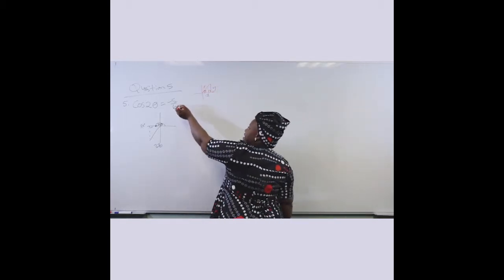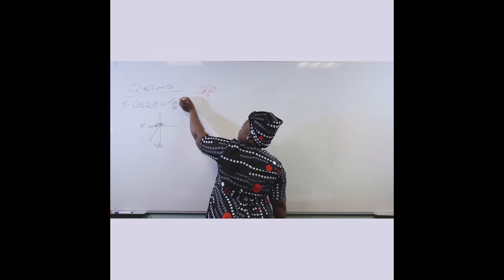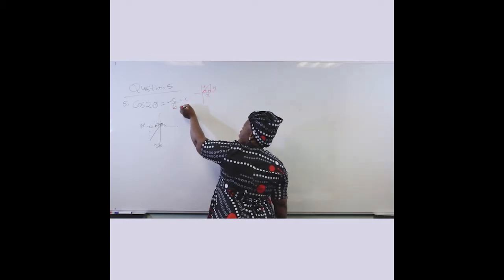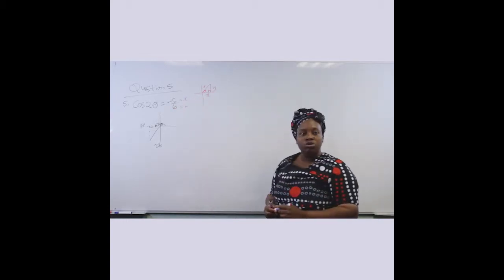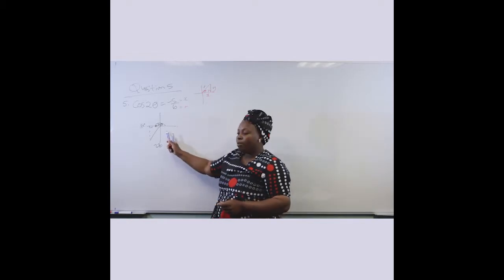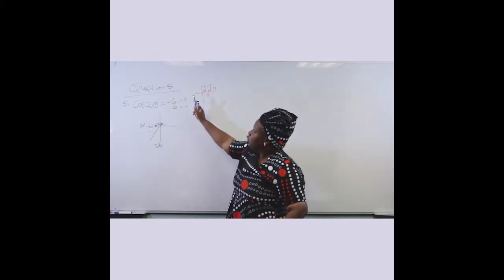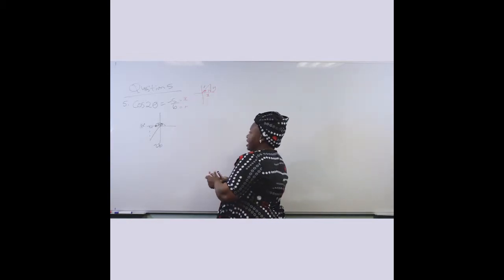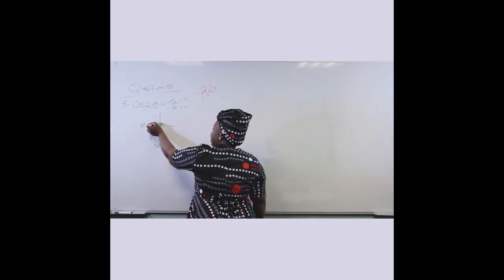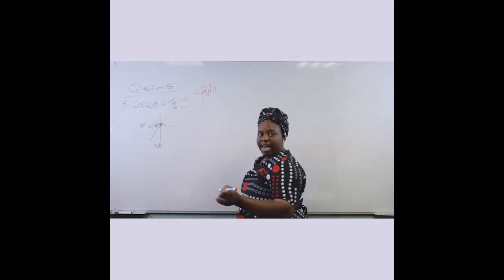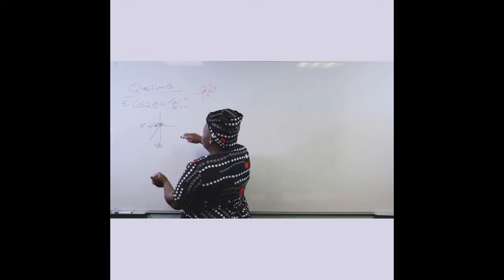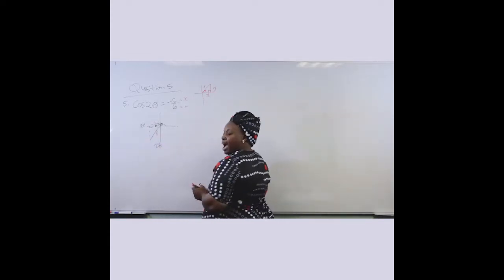That means negative 5 represents your x, while 6 represents your r. So that's what you're going to do on the sketch. You must label them as such. Your negative 5 is going to be on the x-axis because it represents x, and your 6 is going to be the r, which is your hypotenuse.